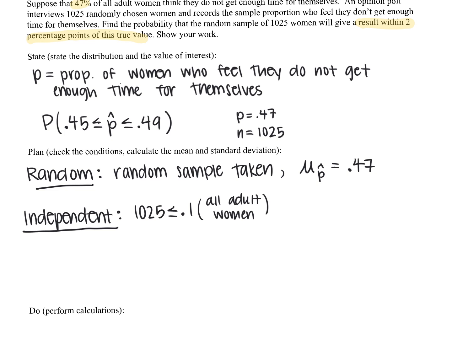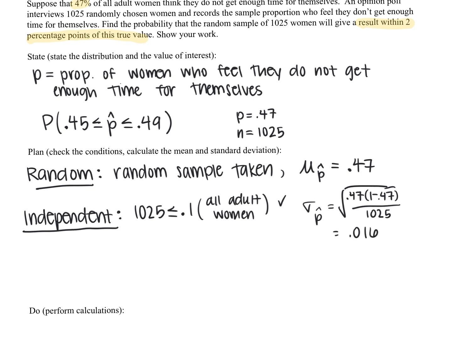Are there at least 10,250 adult women? Yes, there are. So that tells me my standard deviation I can calculate by doing 0.47 times 1 minus 0.47 all over 1,025, and then take the square root. Which is going to give us 0.016.